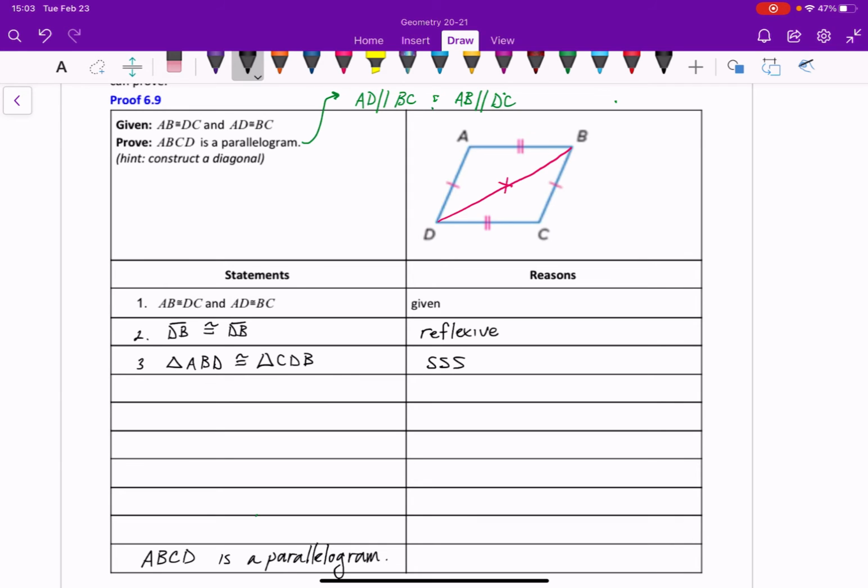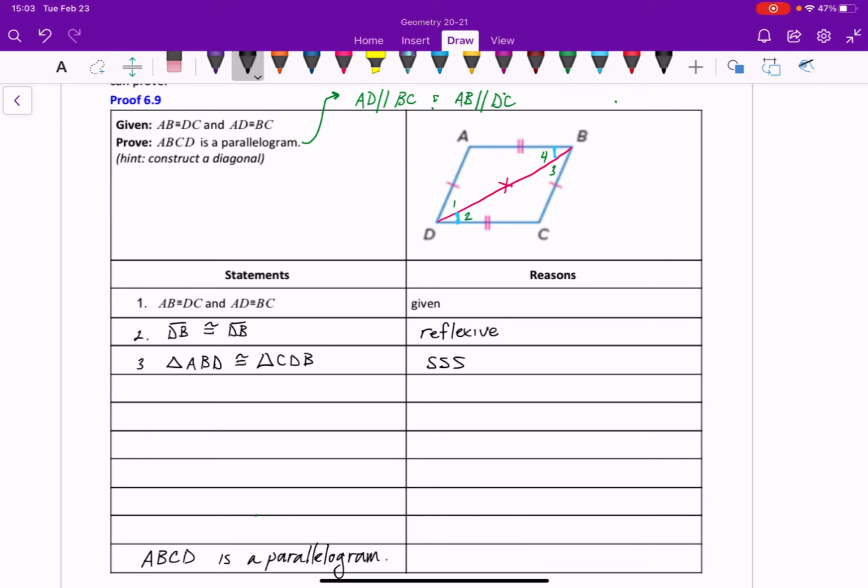Now, if those two triangles are congruent, I can talk about this angle here, which is BDC. I can say that it's congruent to that angle, since those are corresponding parts of congruent triangles. If it's helpful, I'm going to name these: I'll write 1, 2, 3, and 4, just to make the labeling a little bit easier.